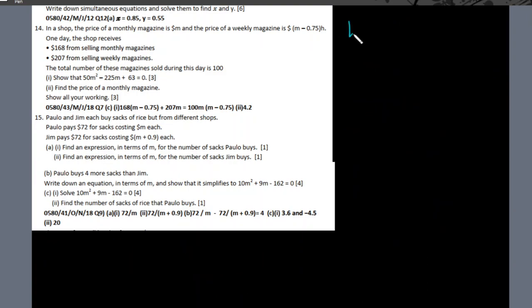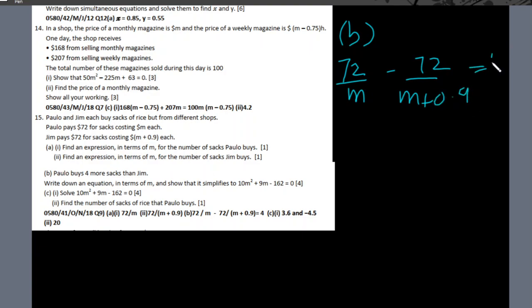Let me do it over here. B was 72 over M minus 72 over M plus 0.9 equals 4. Taking LCM, 72 times M plus 0.9, what is 72 times 0.9?